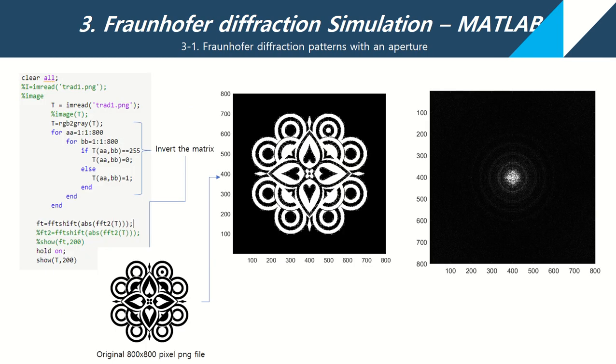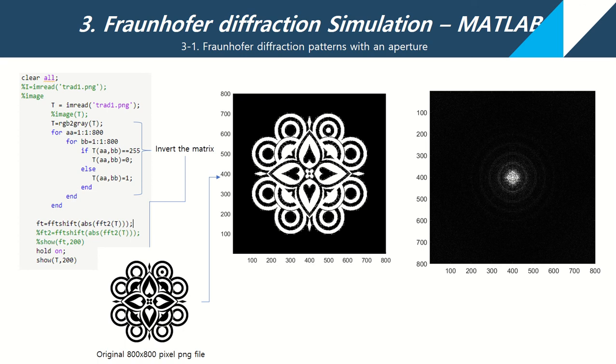Next item is Fraunhofer diffraction simulation. As I showed before, now we can use a PNG file as an aperture. I brought a Korean traditional image, and for using this as aperture, we need to invert the matrix. We can get the diffraction pattern simply as a result of fast Fourier transform of the aperture.